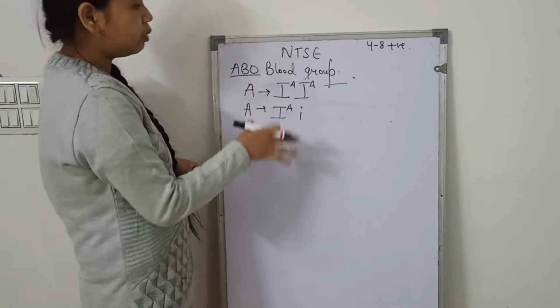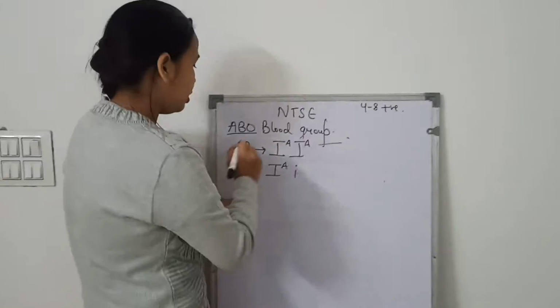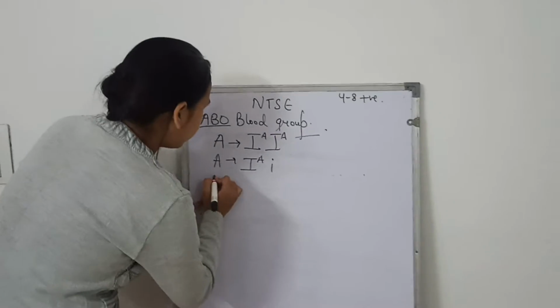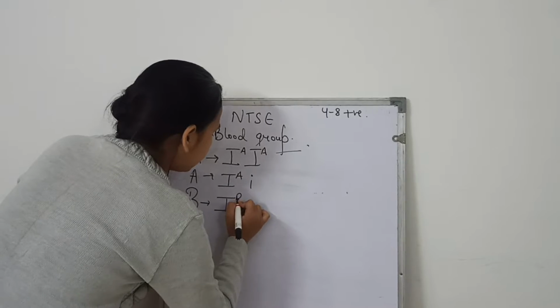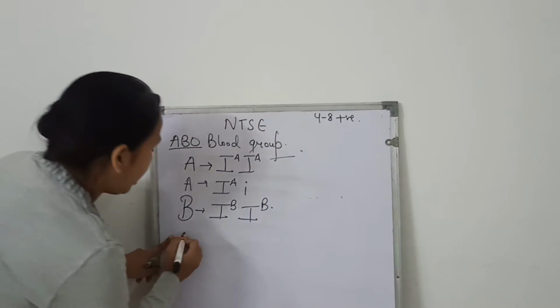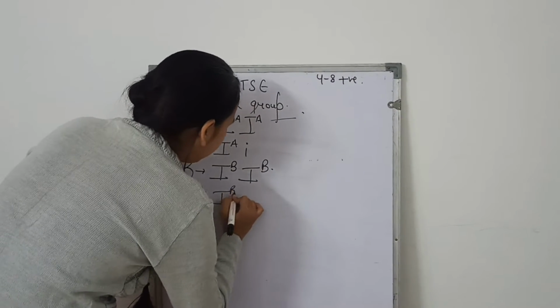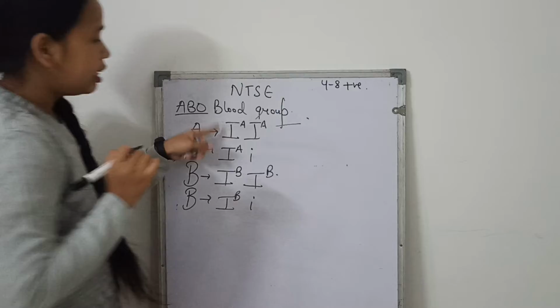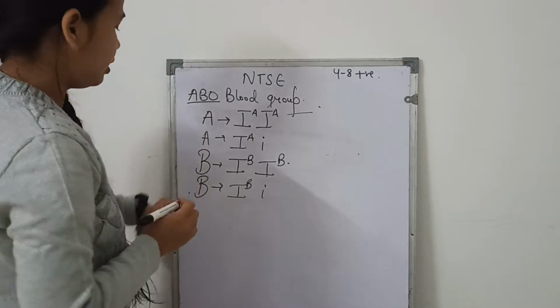I will explain in detail what is IA and what is i, but first let's discuss this. In the same way, blood group B can express itself as IB IB and also as IB i. Here I represents the gene on which all these alleles are present.